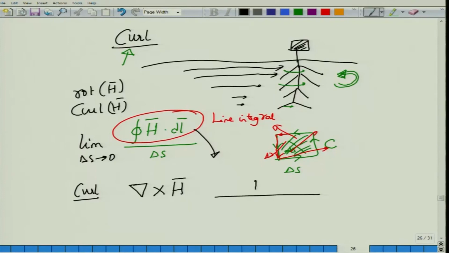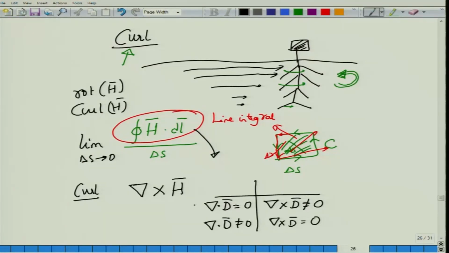Based on that, you actually have two kinds of field. One field where the divergence is 0, whereas the curl of the field is non-zero, and then you have the case where the divergence of the field is non-zero and the curl of the field is equal to 0.